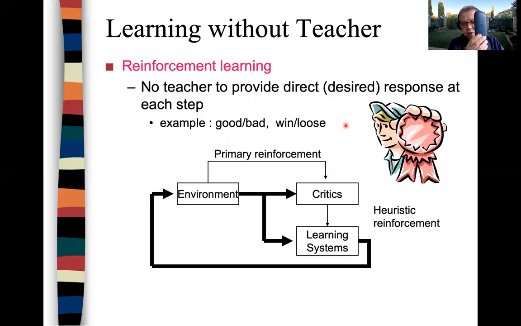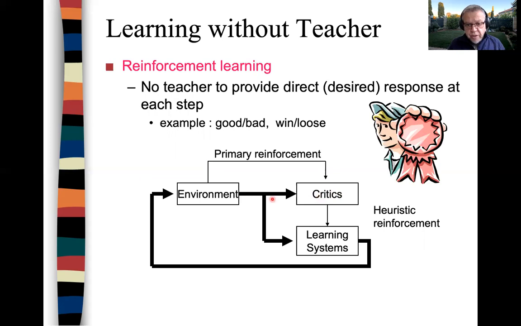This is the inverse broom balancing problem. You have an inverted broom and you want to maintain it stable. Every time you excite it, if it falls, you give the system a punishment. If it stays the same, you give it a reward.